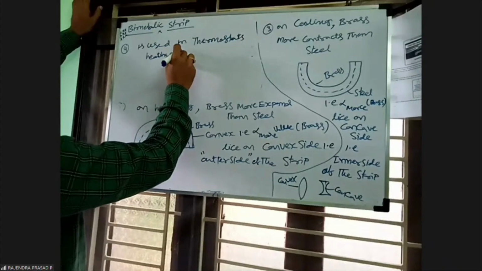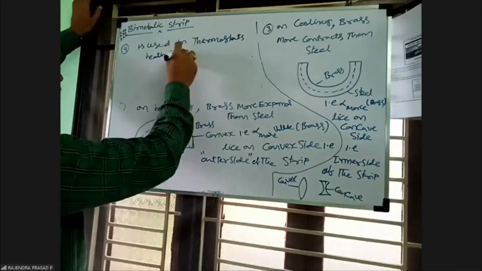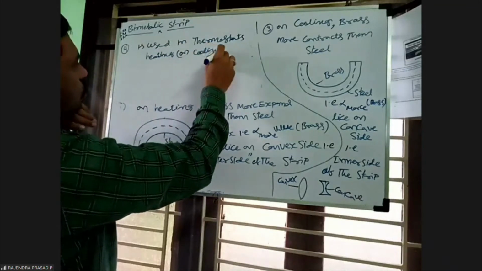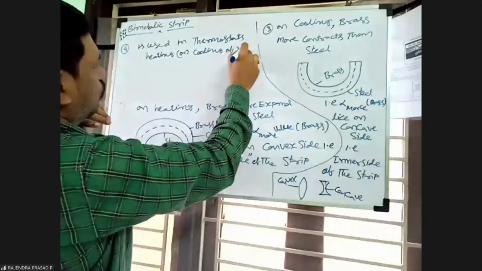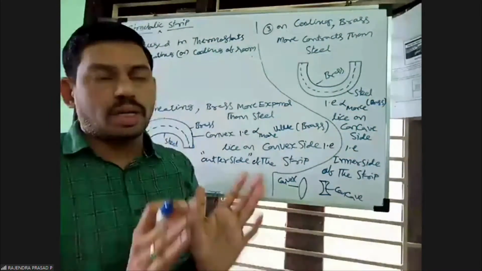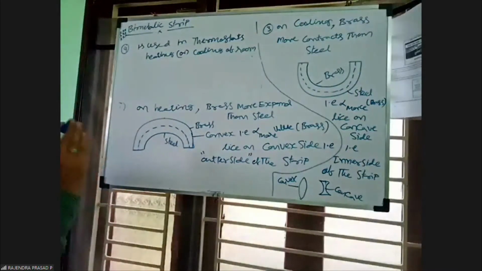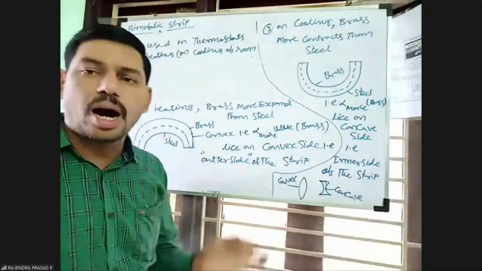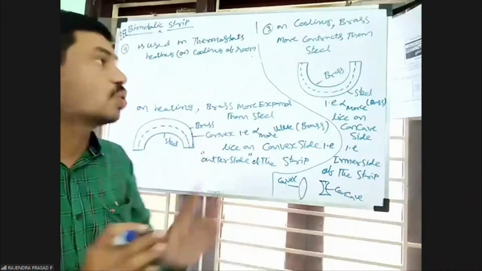So the bimetal strip is used in thermostats for regulating heating or cooling.